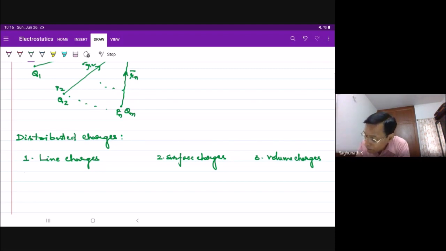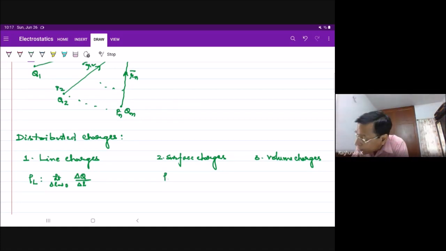If it is a line charge, rho L is the charge density defined at any point on the line as limit delta L tending to 0 of delta Q by delta L. In the differential length at any point on the line, we see the charge delta Q in the differential length, and say delta Q by delta L is the line charge density.